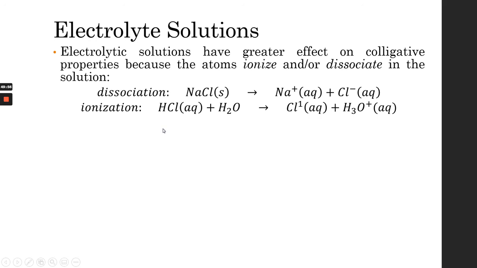Similarly, another way is ionization. Halimbawa, you have HCl, which is a strong acid, aqueous solution, and you dissolve it into water. Ang mangyayari, mag-ionize yung water, you would get a positive hydronium. And hydronium is basically an H cation or H+. And this H+ sticks to the H2O.